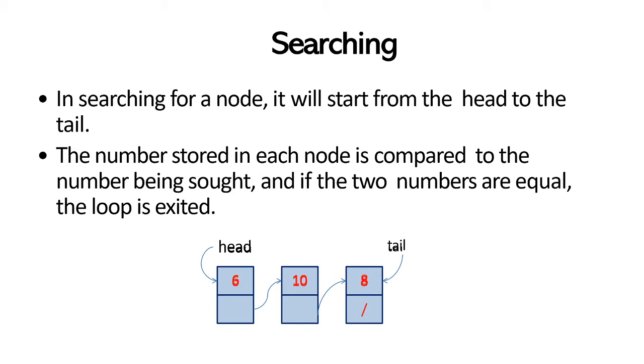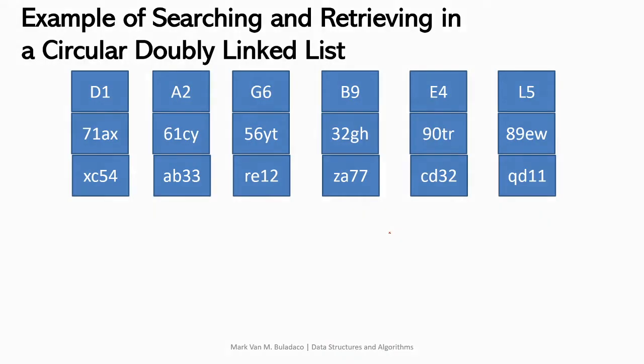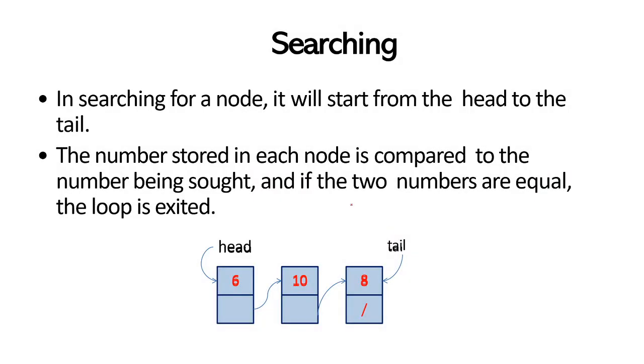Okay. Now, searching: when you want to search for a node, it basically starts from the head to the tail. So when you want to search, let's say, for 10, the searching will start at the head and continue until it finds the value, which is 10.